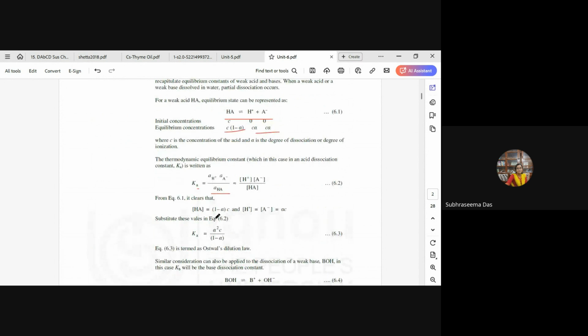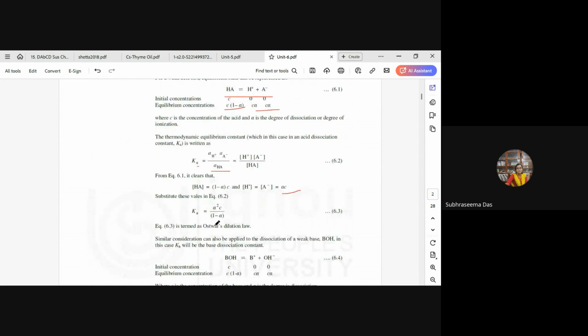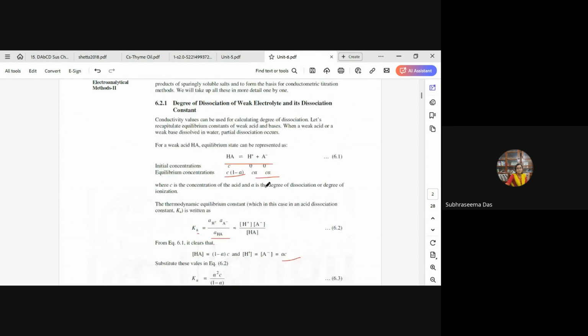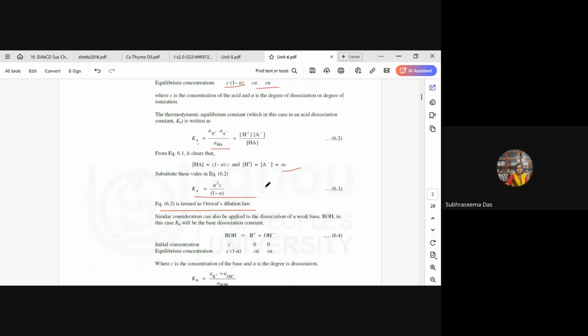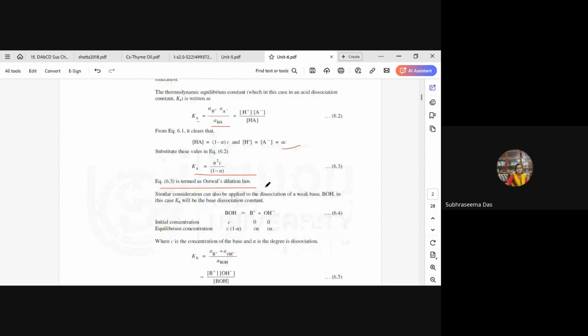From equation 6.1, the concentration of HA is C into 1 minus alpha, and H plus and A minus are C alpha. Substituting these values we get K is equal to alpha square C by 1 minus alpha. This equation is called Ostwald's dilution law, and this is for the calculation of the dissociation constant of a weak acid.